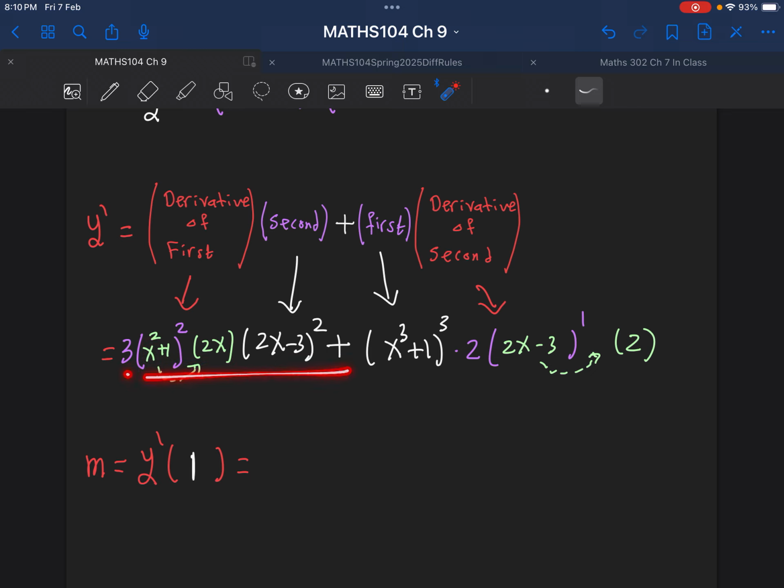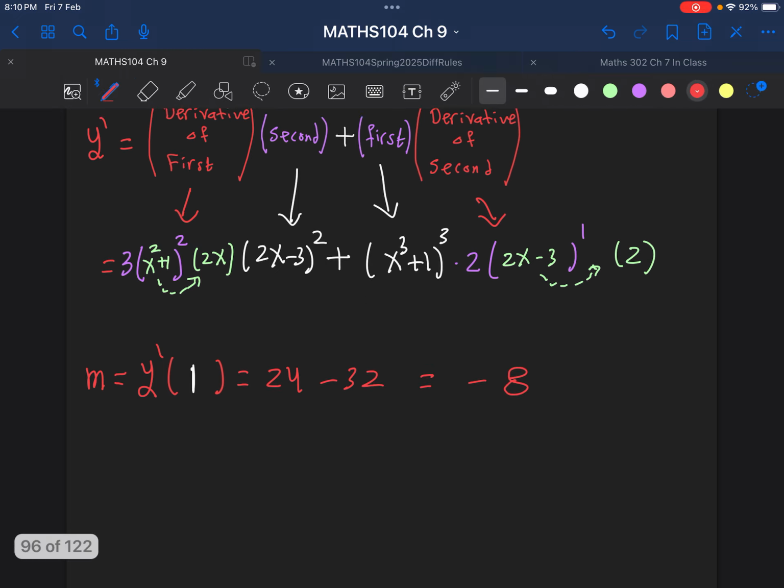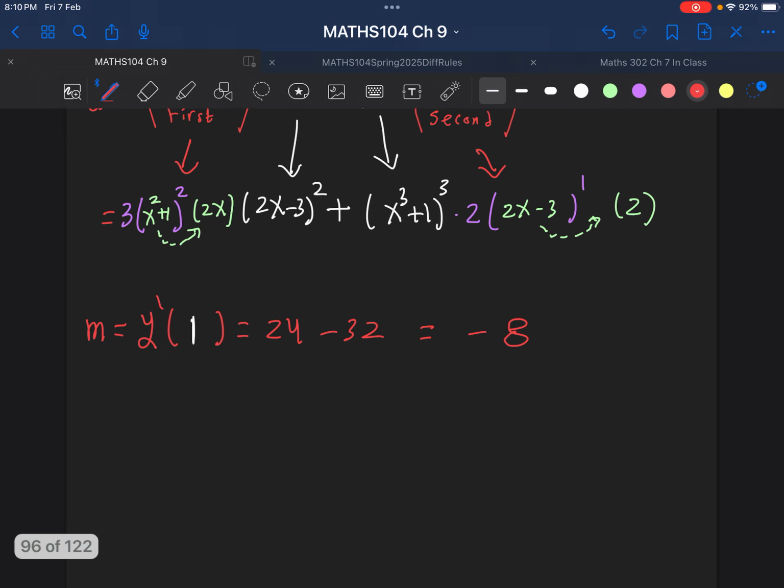We get 24 up here from the first part. Plus, if we plug in 1 here, this is 8. And this would be minus 1 times 2. So we get minus 32. So we have a negative slope. So the answer is negative 8. Once we have this one, we can write the equation of the tangent line.